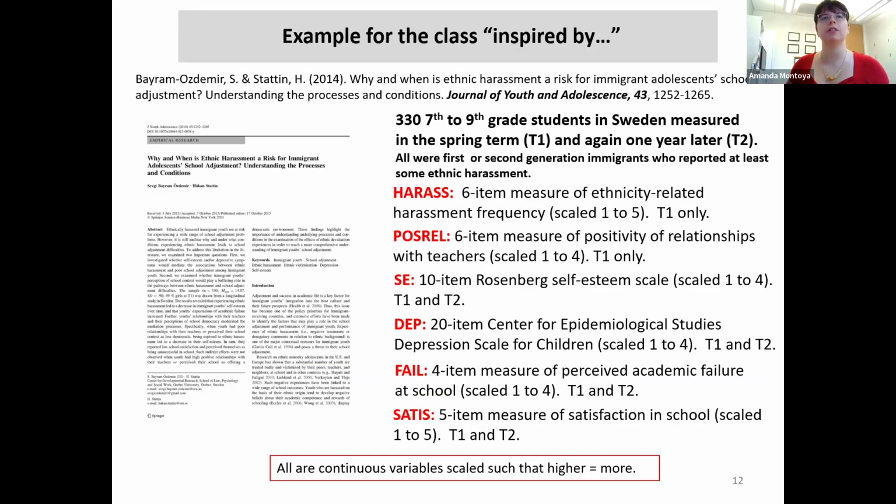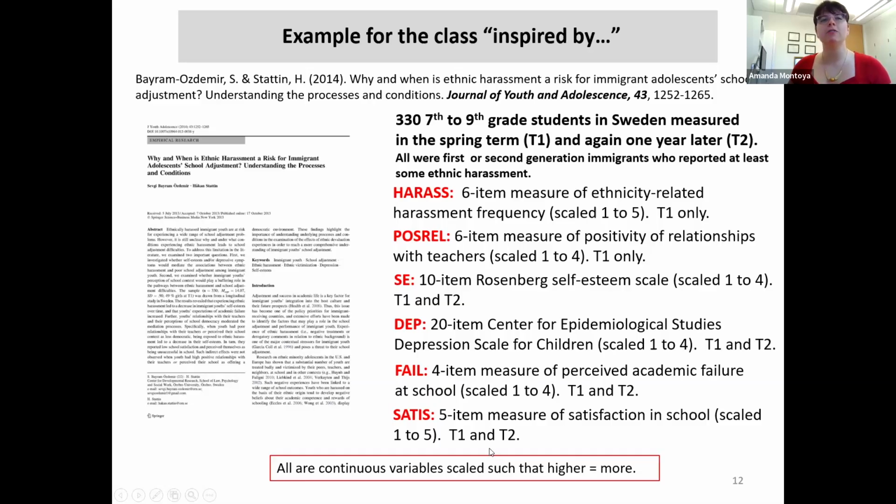We also have measures of depression, a 20-item scale specifically designed for children, also measured at time 1 and time 2. We have a measure of perceived academic failure at school. This is not an actual grade that a student is getting, but rather their perceptions of how they're doing in school, also measured at time 1 and time 2. And then we have a measure of their satisfaction in school, measured at time 1 and time 2.